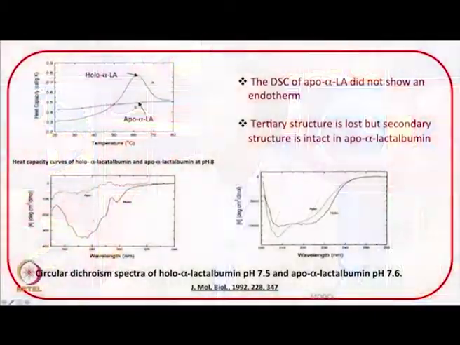So if we do not see an endotherm in the differential scanning calorimetric profile, that means if it is just a flat, straight line, then we should not conclude that the protein is already denatured, because the protein may be in some intermediate form. Let us take a look at the figure again. If we get a flat line like this, then the immediate conclusion should not be drawn that the protein is in the denatured form.